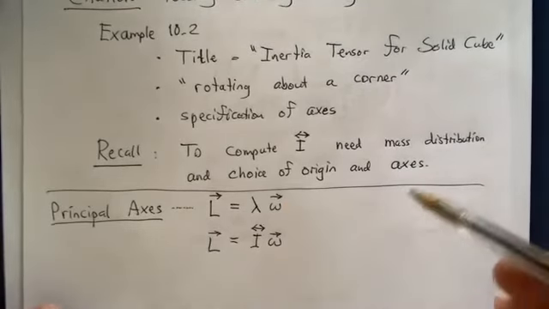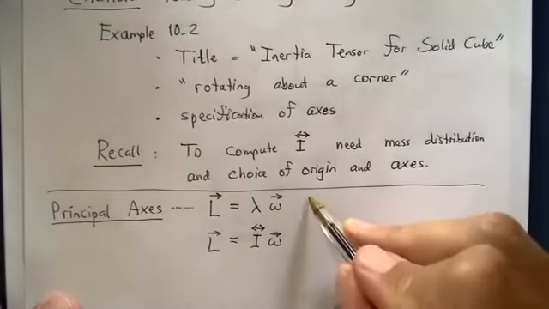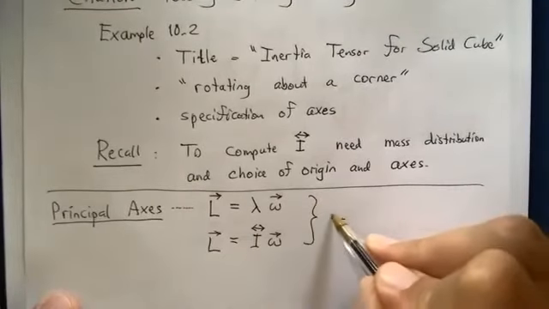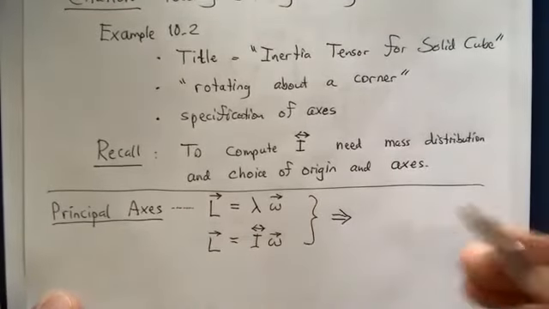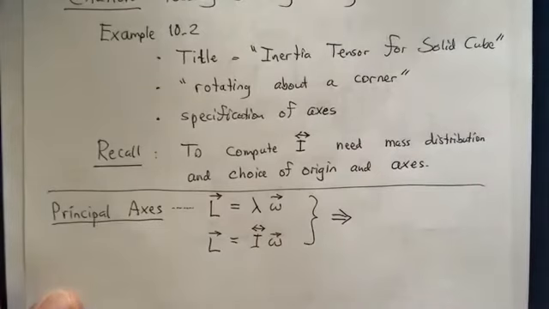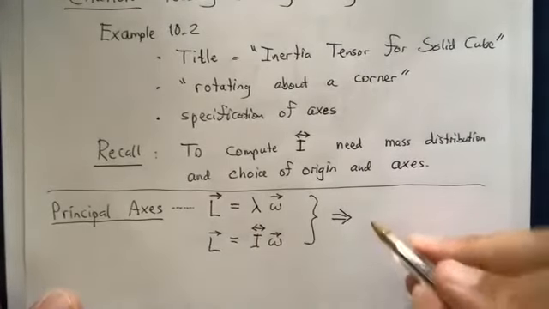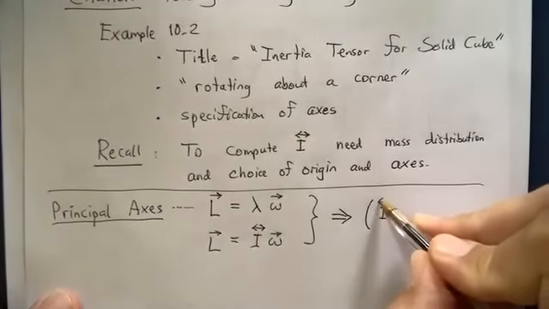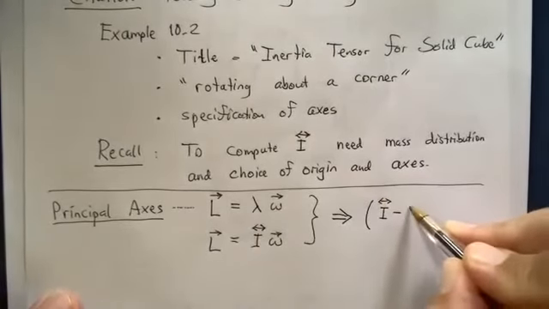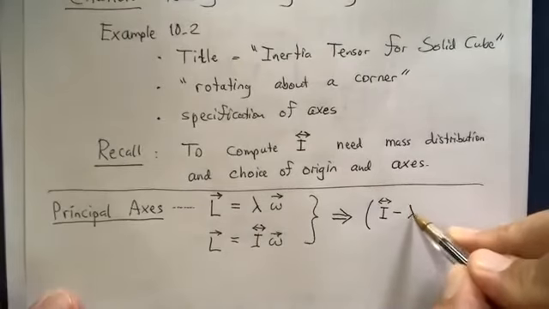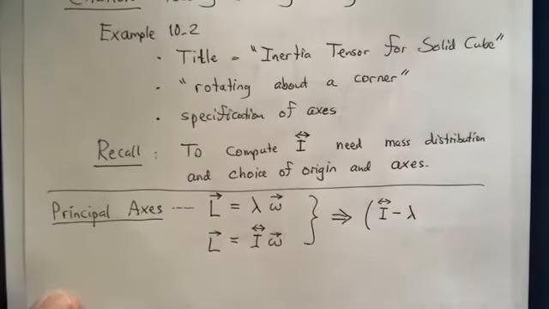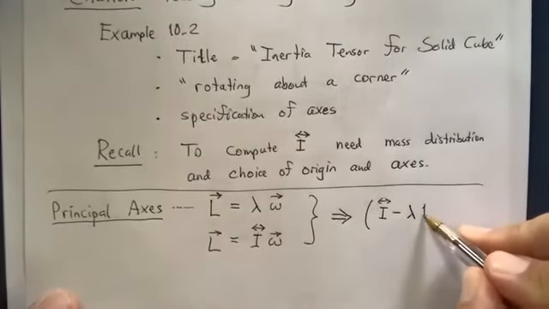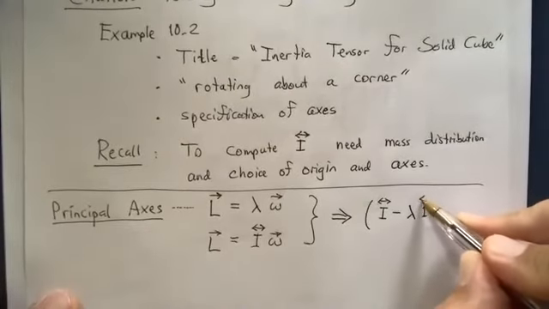What can we say? Well, let's do this. We'll write it like this. We introduce some notation. Remember that numeral 1 with the double-headed arrow. Here's what we're seeing. The inertia tensor minus this lambda, this is going to be our eigenvalue, times the numeral 1. Remember, that's the 3x3 identity matrix.